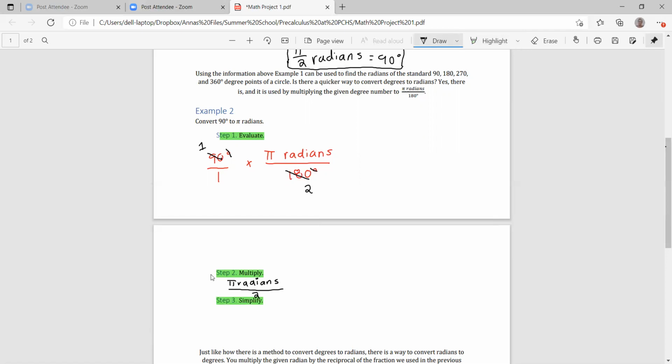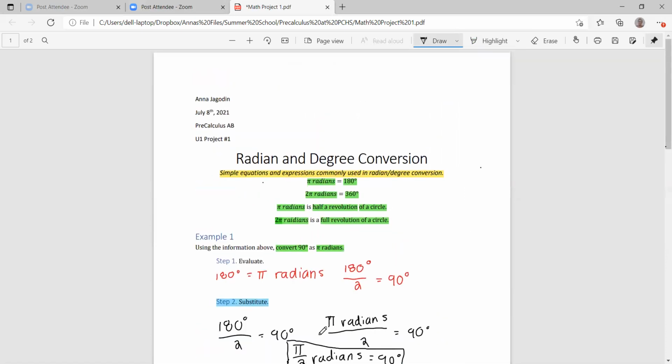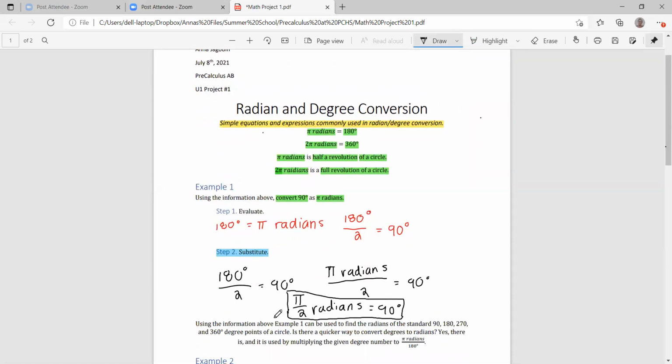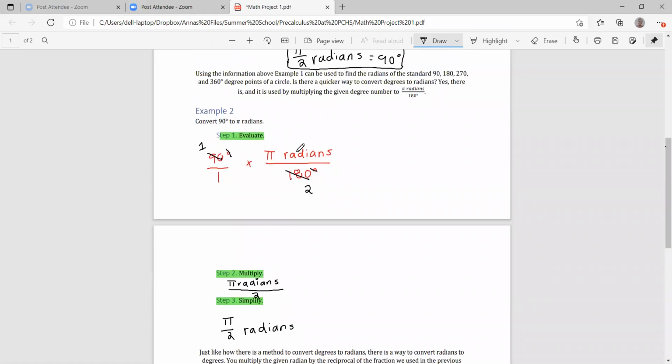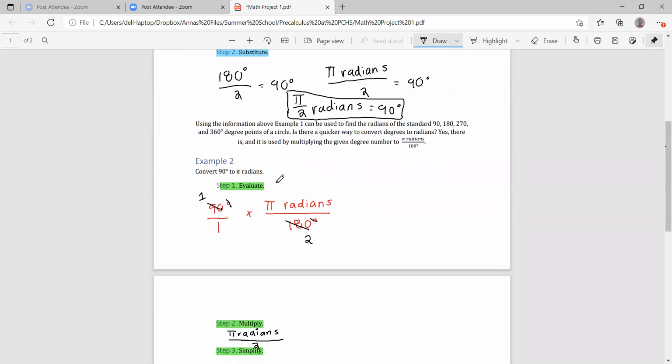We're going to take the radians and put them outside. So we're going to put numerator, denominator, and radians. And you could check this works because when we solved this problem, we got pi over 2 radians, and now we got pi over 2 radians again. So you know that this fraction helps us convert degrees to radians.